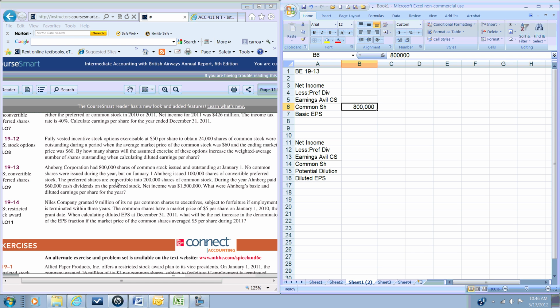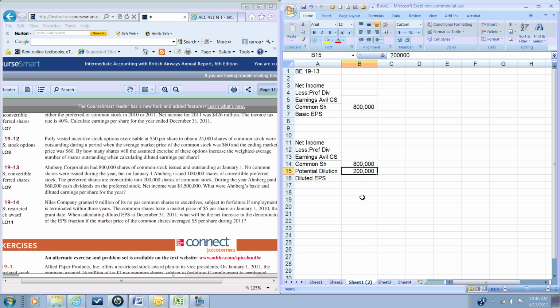The preferred shares can be converted into 200,000 shares of common stock, and this is the potential dilution. So we'll enter 200,000, and for our diluted, we will also be using the 800,000 shares of common stock.